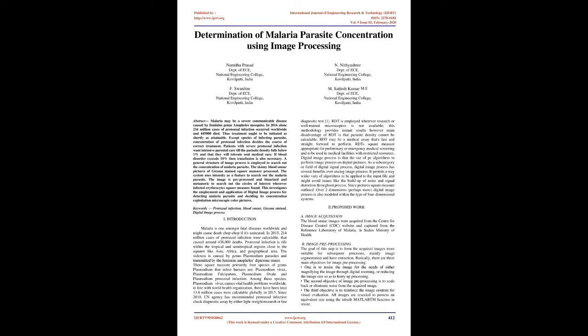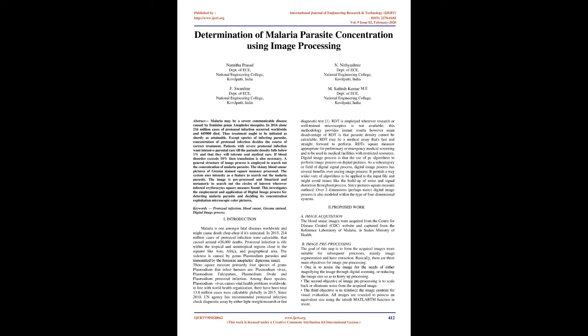Malaria is rife in the tropical and semi-tropical regions near the equator, like Asia, Africa, and Latin America. The disease is caused by Plasmodium parasites and transmitted by the female Anopheles mosquito. There are mainly four species of Plasmodium that infect humans: Plasmodium vivax, Plasmodium falciparum, Plasmodium ovale, and Plasmodium malariae. Among these species, Plasmodium vivax causes significant health problems worldwide. According to the World Health Organization, a total of 13.8 million cases were estimated globally in 2015.